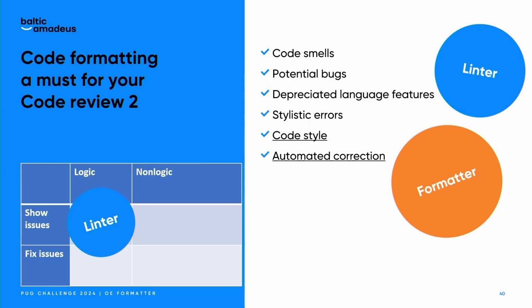But it can only show issues, because if it tried to change or fix the code, it might break it, and we probably don't have, at least at the moment, linters smart enough to fix things with very high precision.